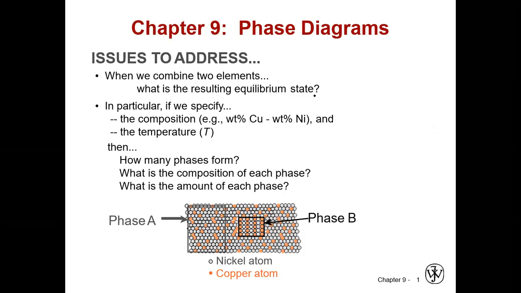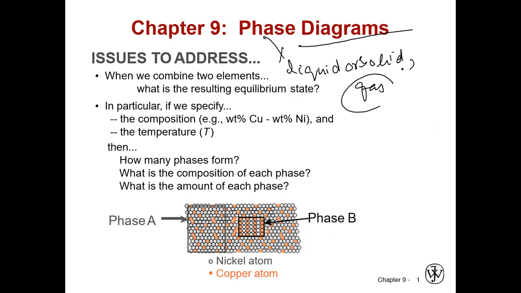Okay. So chapter 9 is about phase diagrams, right? Phase means liquid or solid or gas, and diagram means graph. So if I solidify a metal, it will be liquid at some temperature.